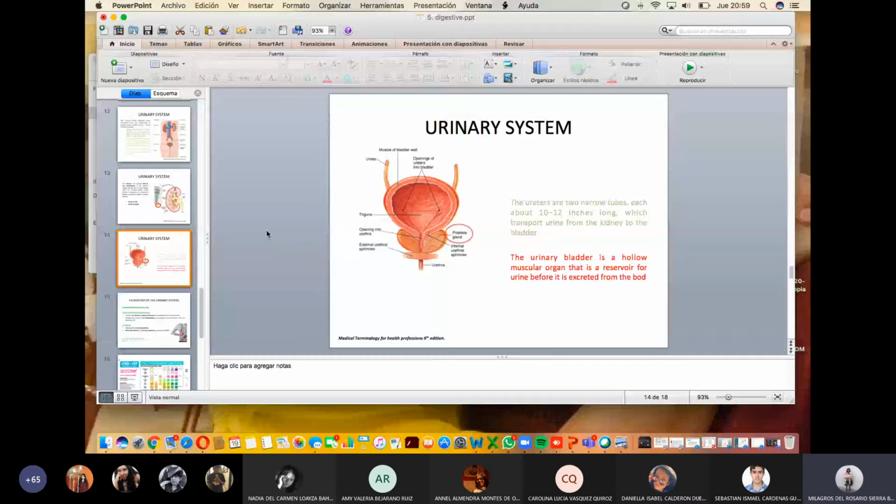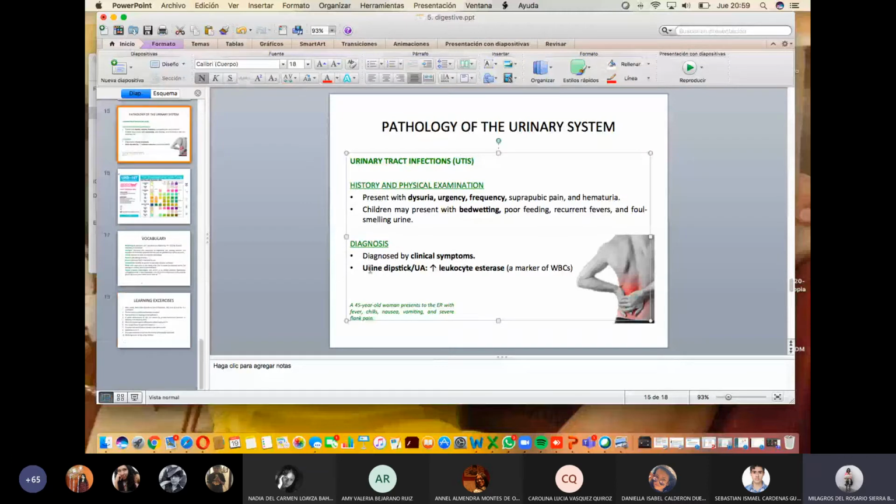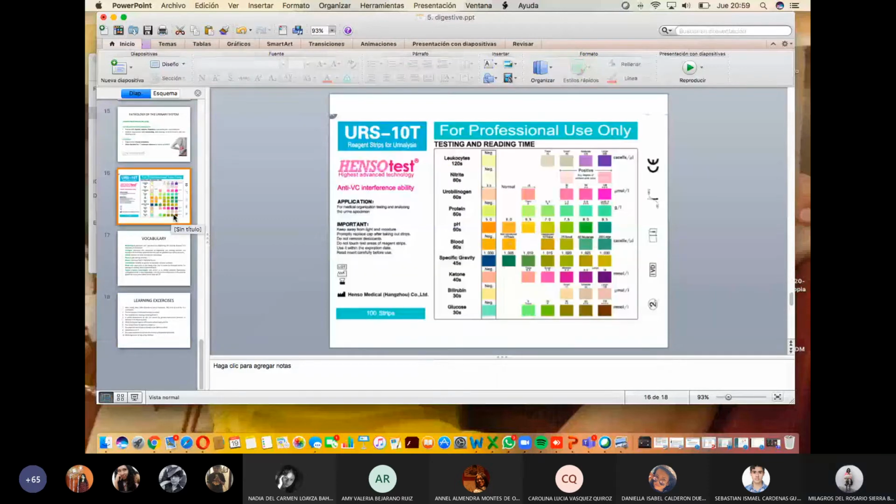So here we can talk about UTIs, that is urinary tract infections. The location of the pain is in the flank, okay? And this is important. The diagnosis is made by urine analysis, or it can be made by urine dipstick. That is this.